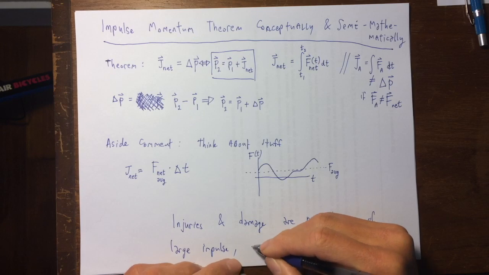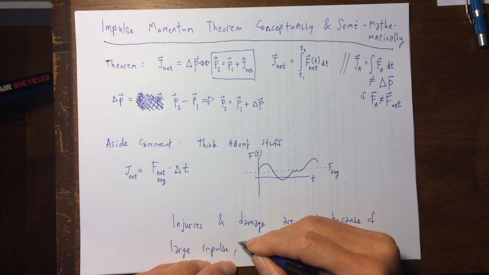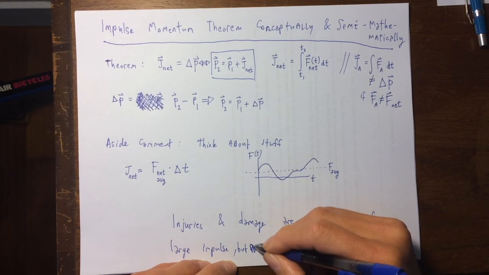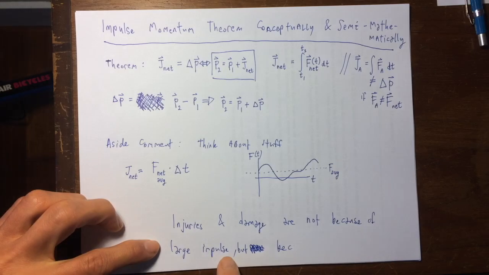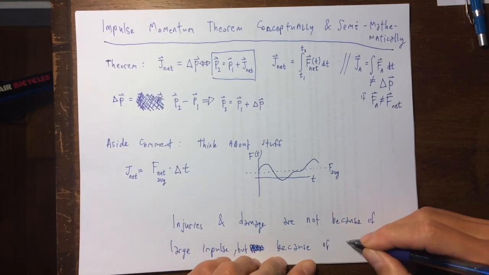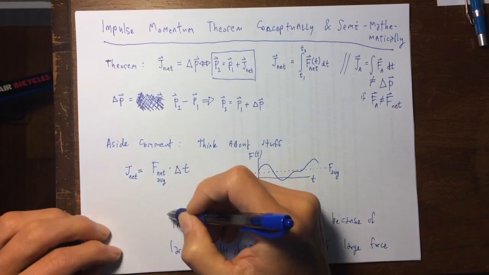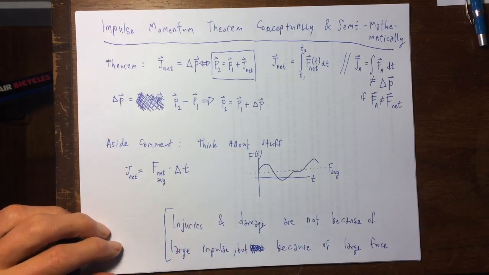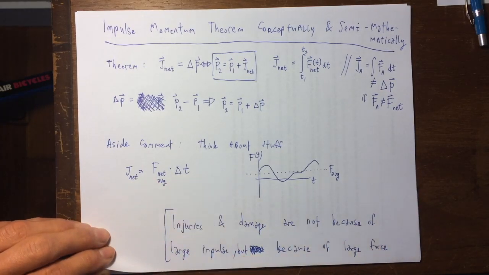Injuries and damage are, but, not because of large impulse, but because of large force. This is something to keep in mind. So let's see what this has to do with thinking with impulse.